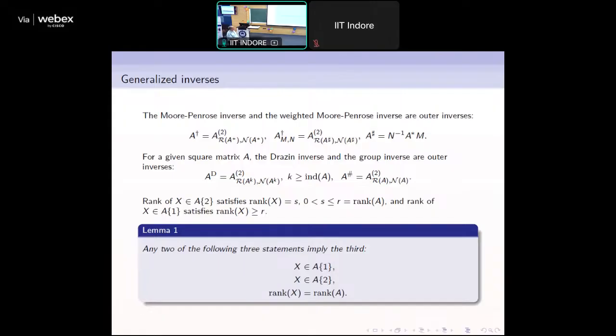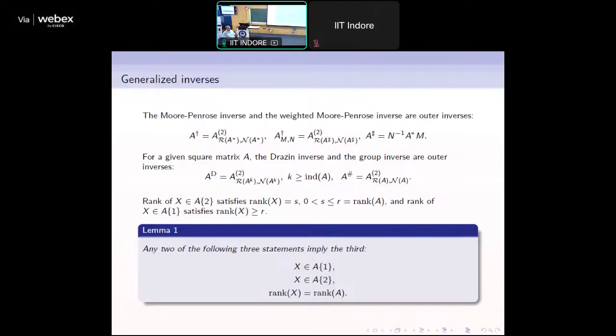Evidently, the rank of an outer inverse is less than or equal to the rank of A, because such an inverse satisfies matrix equation 2, and the rank of an outer inverse cannot be bigger than the rank of A. Opposite, the rank of inner inverses is greater than or equal to the rank of A. And if we have the property that the rank of X is equal to the rank of A, then such an inverse must satisfy both matrix equations 1 and 2.